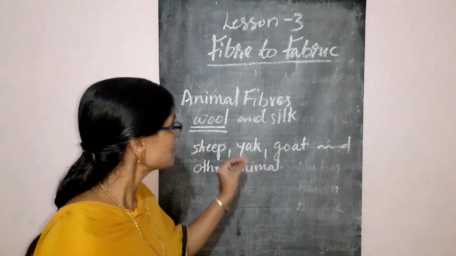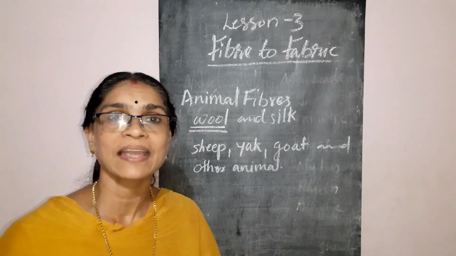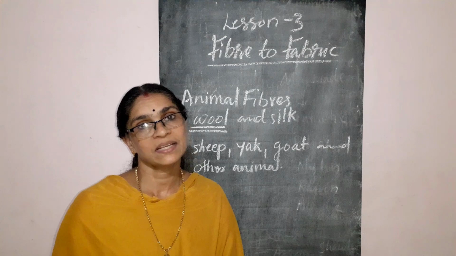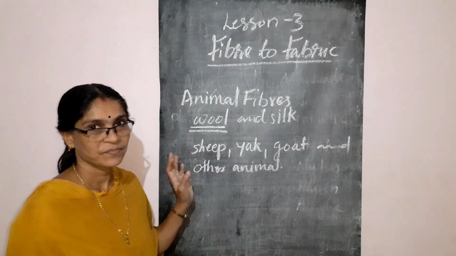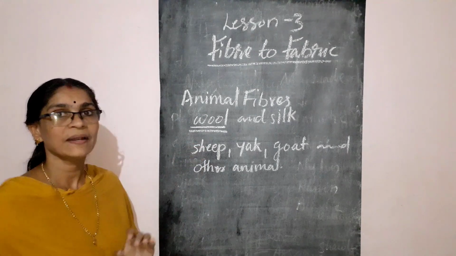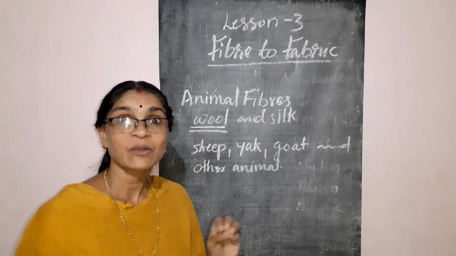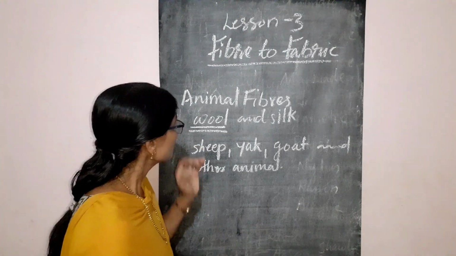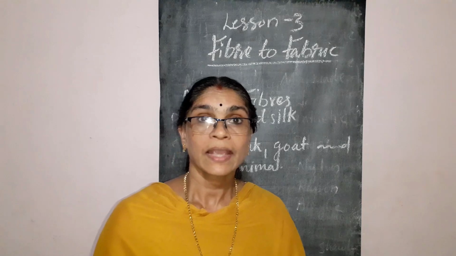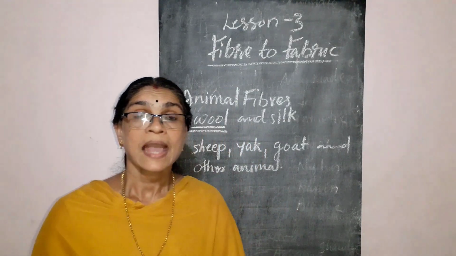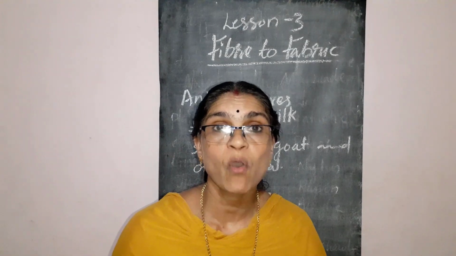So this thick fur is one of the adaptations for them to survive in their habitat. Wool-providing animals have hairs on their body, and these hairs keep their body warm.